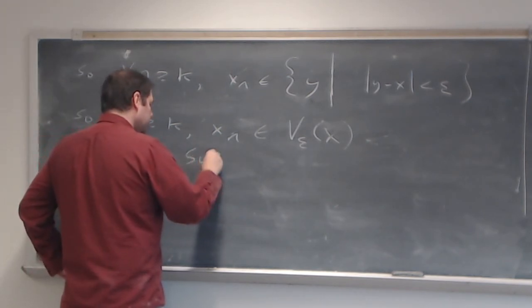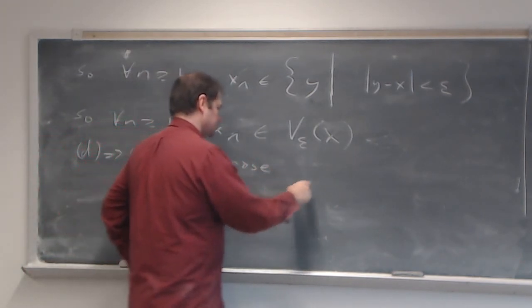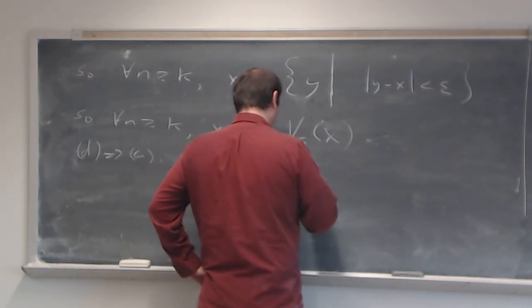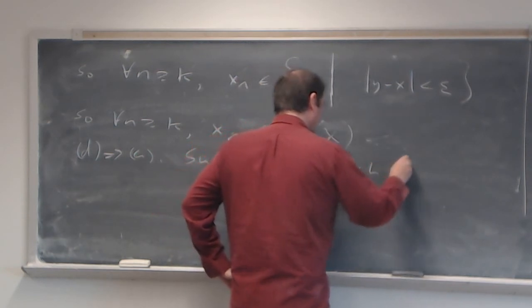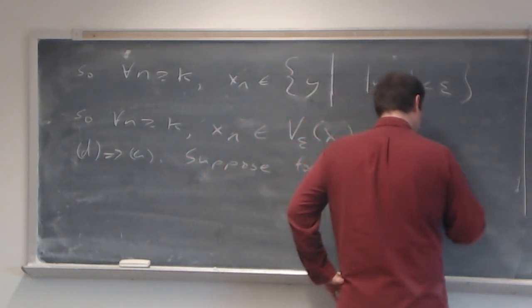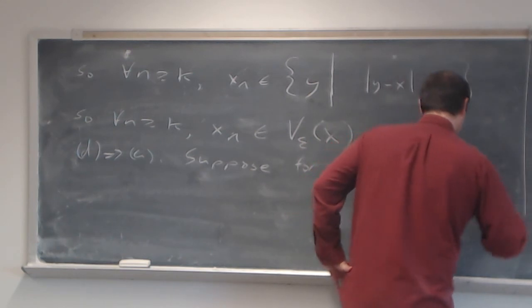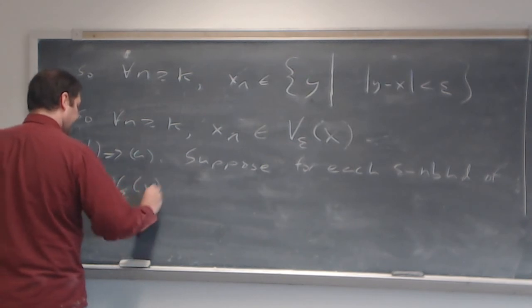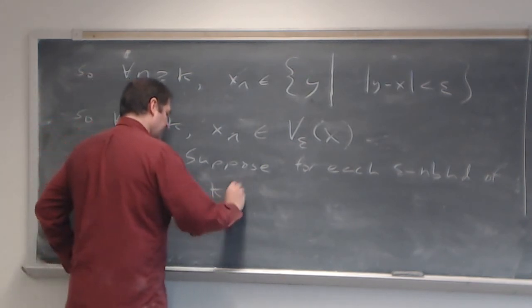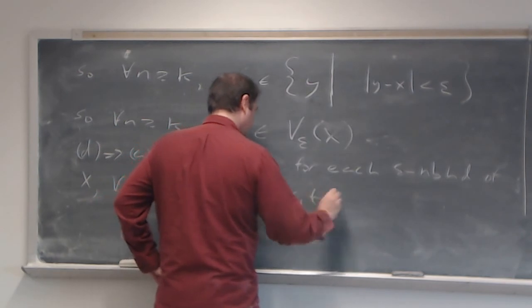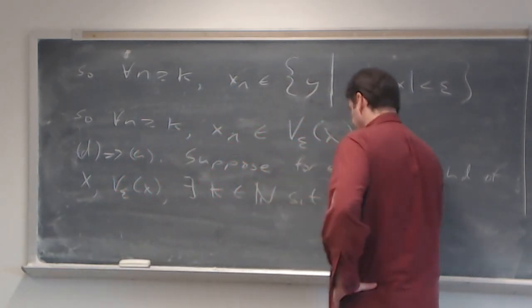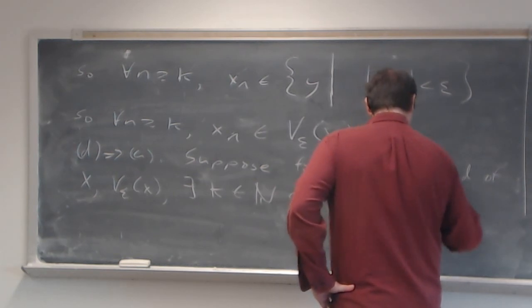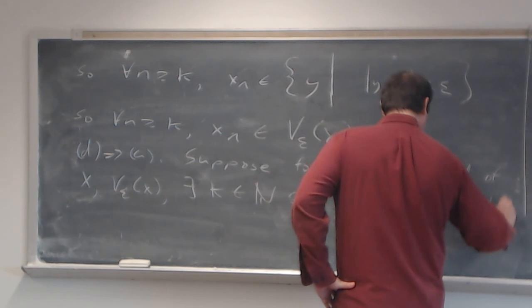So here we suppose that for each epsilon neighborhood of x, we call it V sub epsilon of x, there exists a k in the natural numbers such that for all n bigger than or equal to k, x sub n will be an element of V sub epsilon of x.